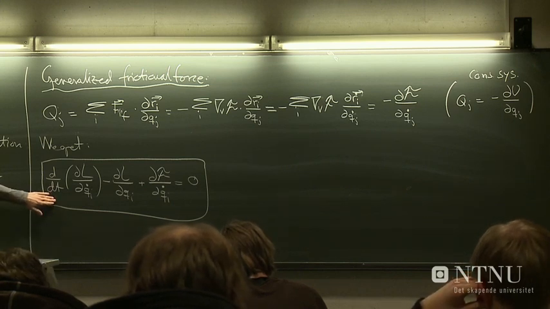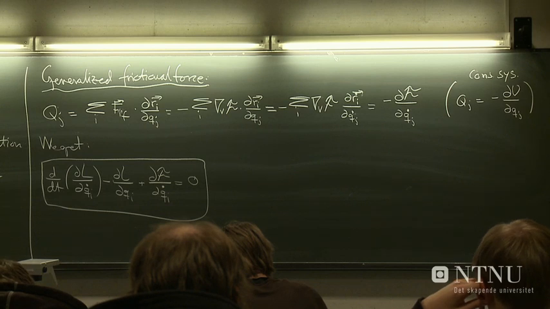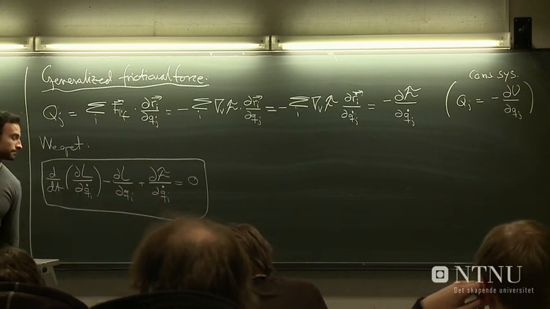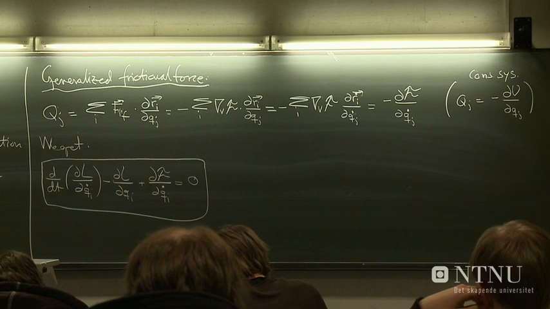So this equation tells you how Lagrange's equation is modified in order to include frictional forces, which may not be derived from some potential. So we get this extra term here. So this can be good to keep in mind if you're ever faced with the task of modeling some system with friction.